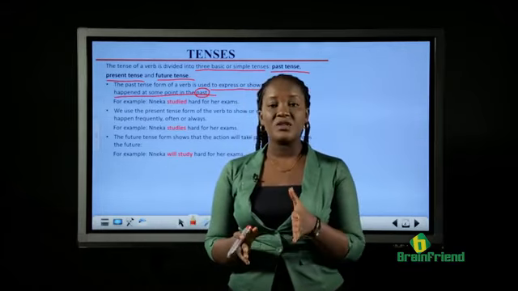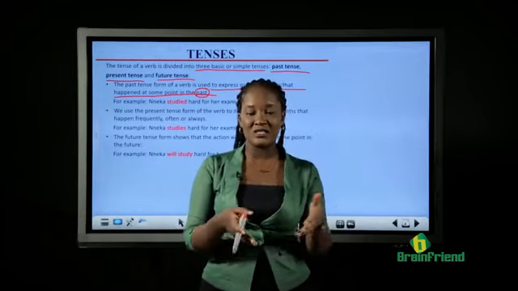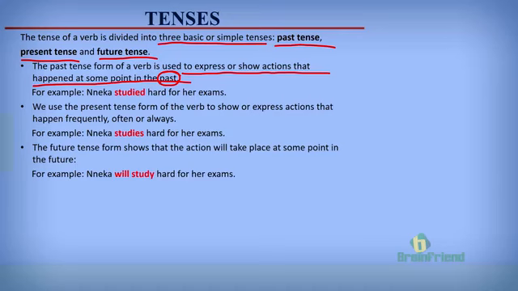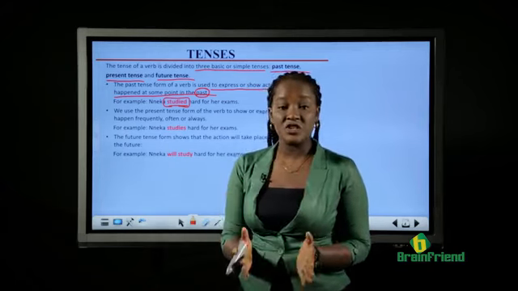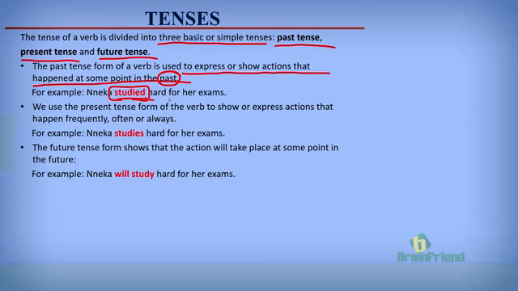But basically, the past simply refers to any time before the time you are speaking or before the time a sentence is expressed. For example, we have a sentence here which says, Nneka studied hard for her exams. The verb studied happened in the past. Nneka studied for her exams, meaning that she has finished studying for her exams. So the verb studied is a past tense verb.